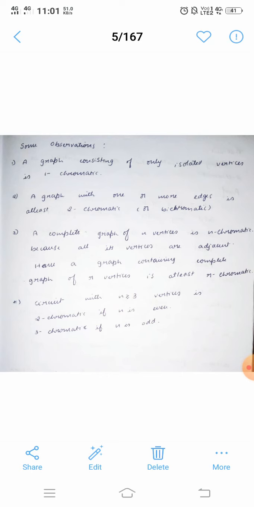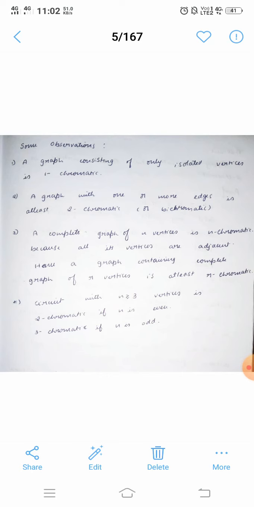Third observation, a complete graph of n vertices is n-chromatic because all its vertices are adjacent. Hence, a graph containing a complete graph of r vertices is at least r-chromatic. That means, what is a complete graph? Complete graph means all the vertices are adjacent.